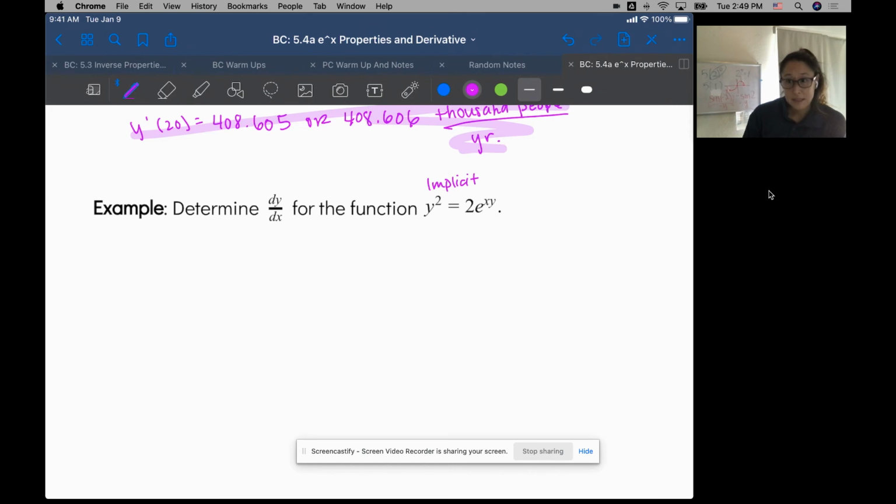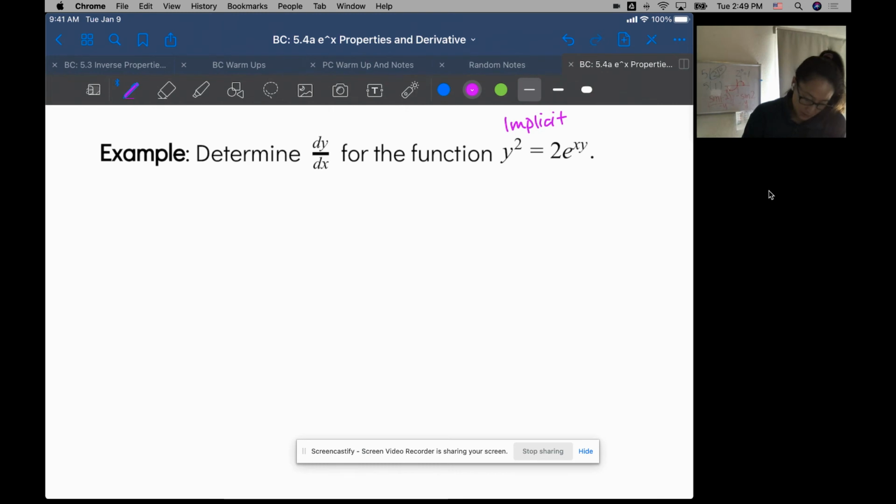Yeah, but I think I'm going to use implicit differentiation. It seems easier. So the left, 2y times dy dx is equal to 2e to the xy. So everything stays the same.